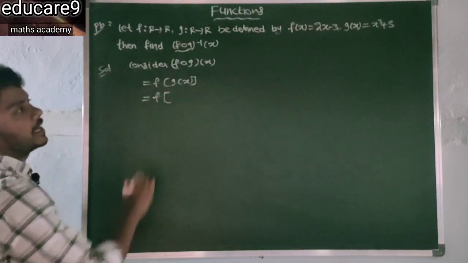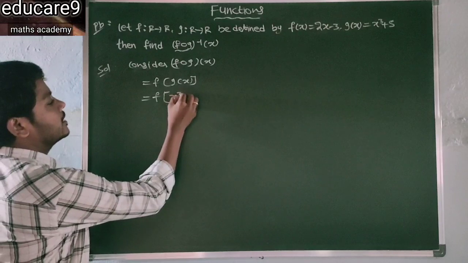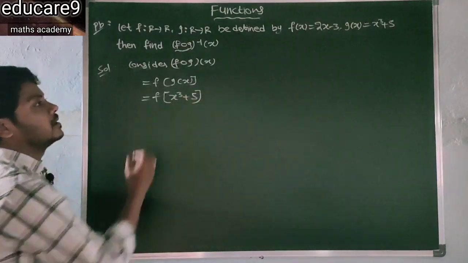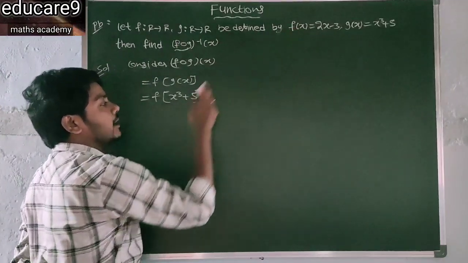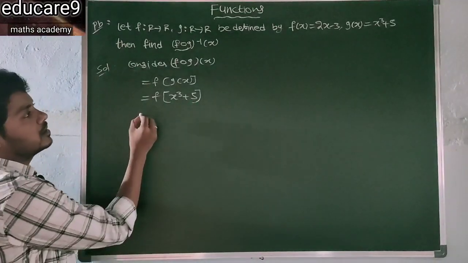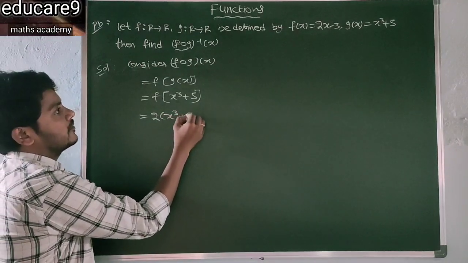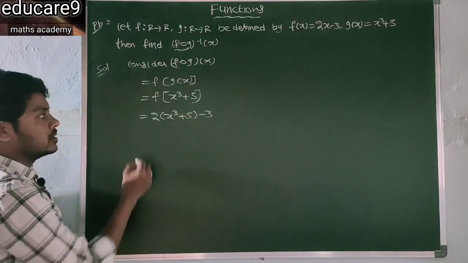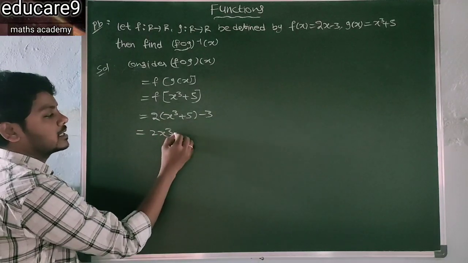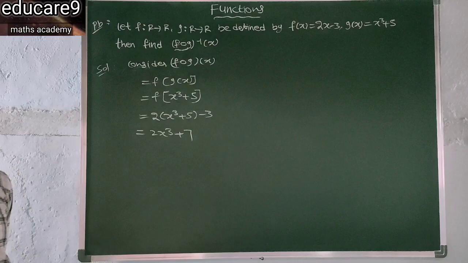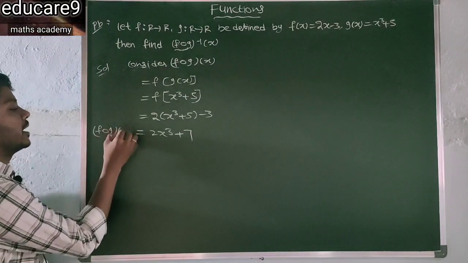What is g of x? x cube plus 5. Now put it in the form of f of x: replace x by x cube plus 5. So you get 2 into (x cube plus 5) minus 3, which is 2x cube plus 10 minus 3, that is 2x cube plus 7. This is f circle g of x.